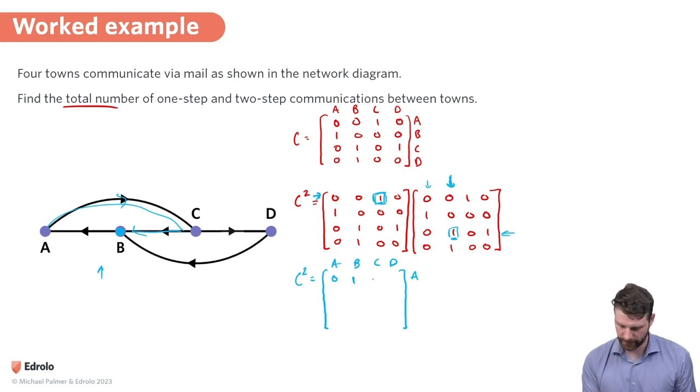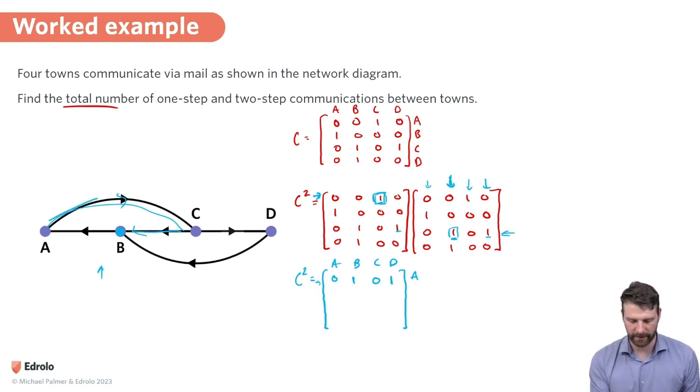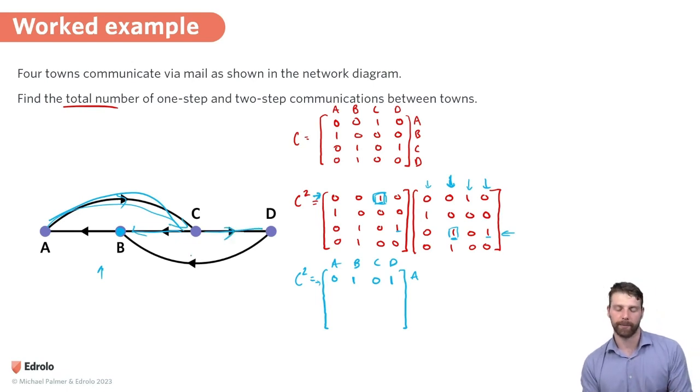So I need row 1, column 3. None of them line up, so it's a 0. And row 1, column 4 gives me 0, 0, 1. Oh, yep. So the 1s are going to line up there, and I get a 1. And we can see that 2-step communication, that A is talking to C, who is talking to D. So that's 2 steps away from A.